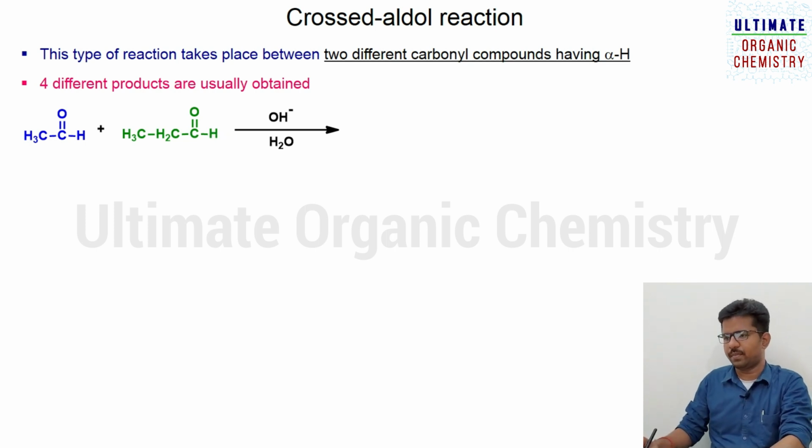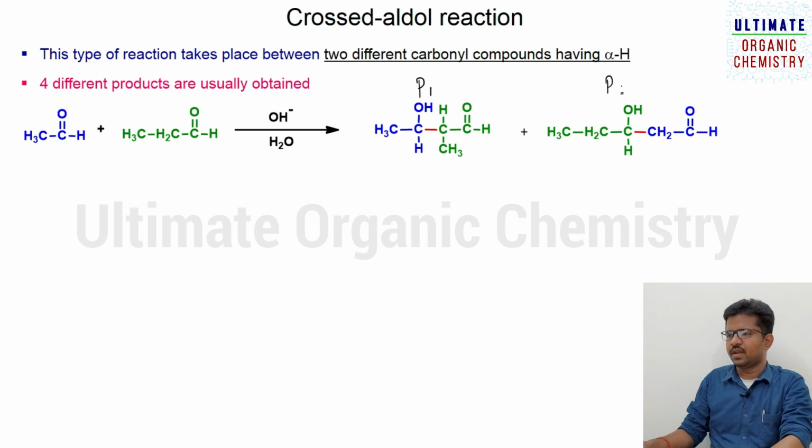How are you getting 4 products? The first product is this one. Let us assume this is product 1 and this is product 2. You can see the blue part and the green part here, and here also you have the green part and the blue part. That means 2 molecules are reacting together. So this is called the crossed aldol product.